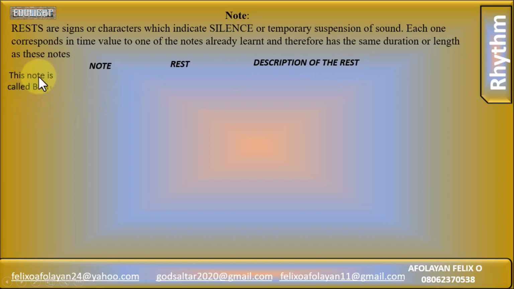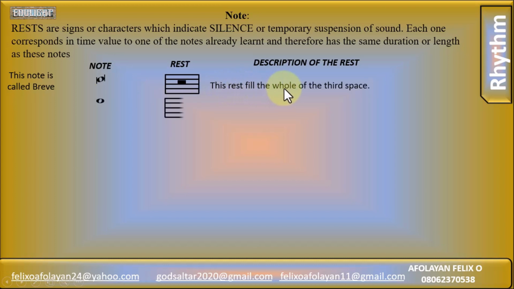Look at this note. This note is called a breve. We have discussed semi-breve. This is the breve, and this is the rest for this note called breve. The description for this rest fills the whole of the third space. I believe you can see that. This is the semi-breve.